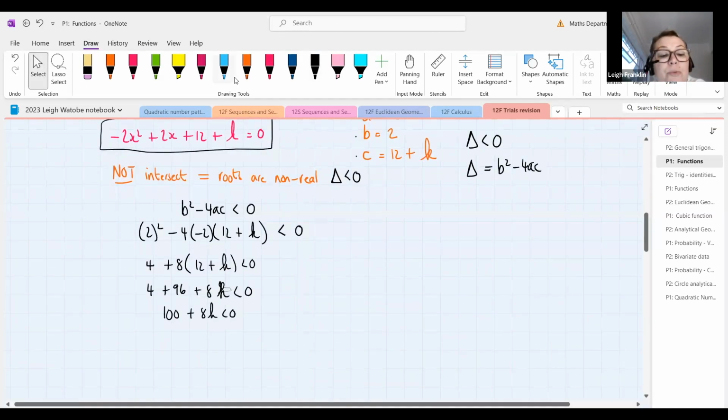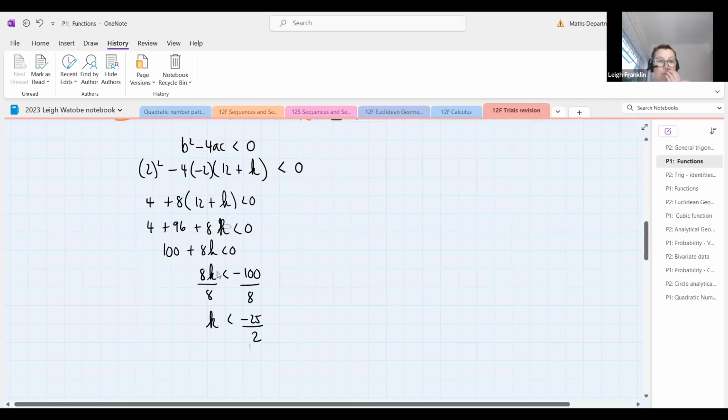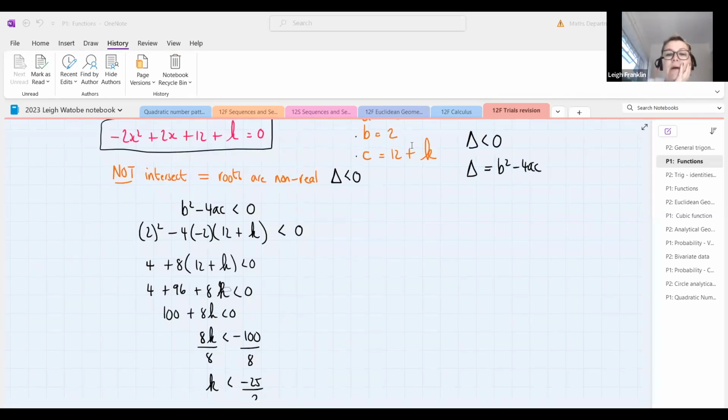Now I need to take that 100 over to the other side. So I've got 8k is smaller than -100, so it's negative, and now I'm going to divide both sides by 8. So k must be smaller than -25 over 2. And that's how we would do that question. That's -12.5, correct.